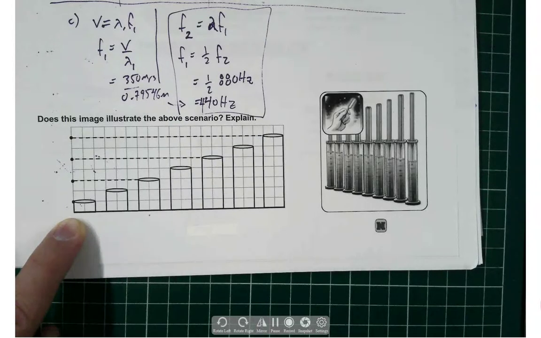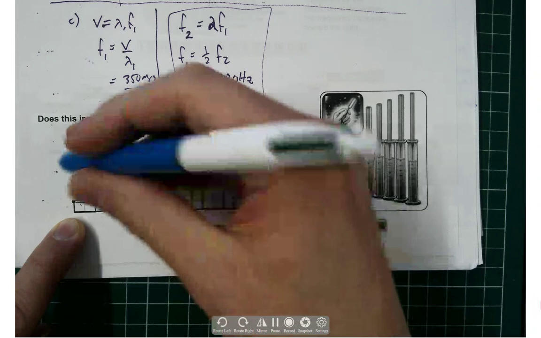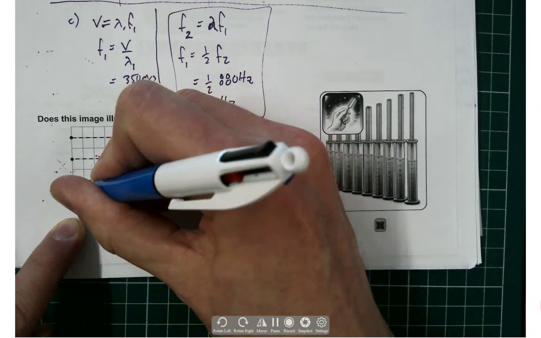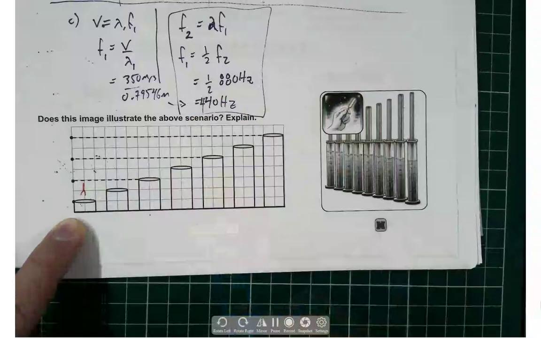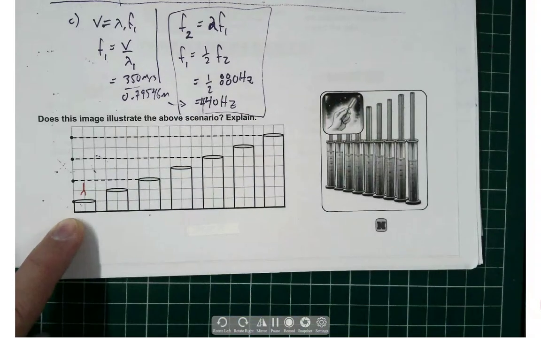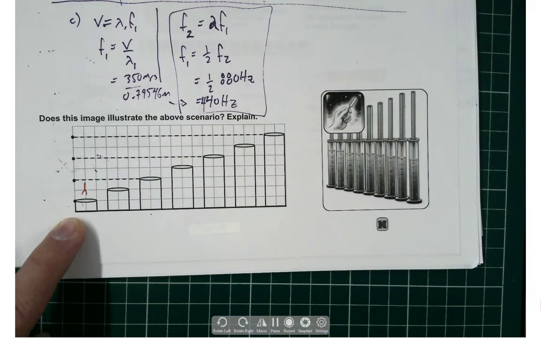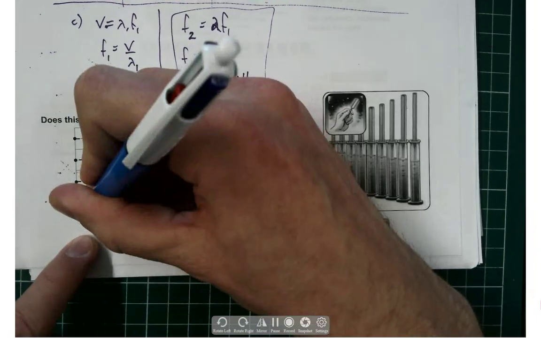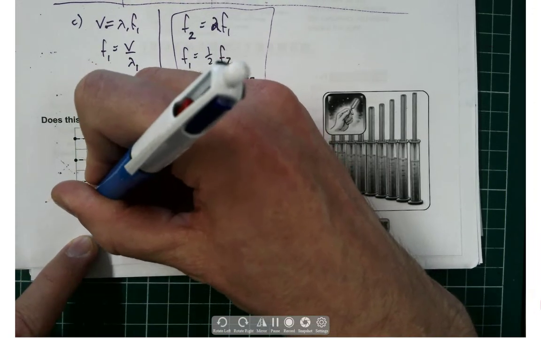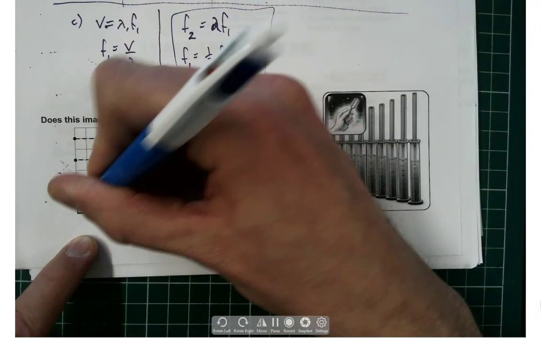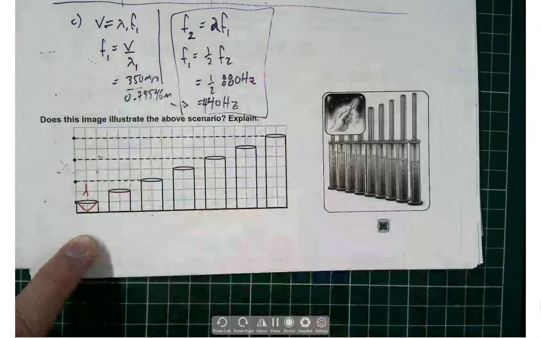All right, so in this first situation, I have a tuning fork over the top of my graduated cylinder's glass tube. If I hear a loud noise, then that means that glass tube is 1/4 of a wavelength.